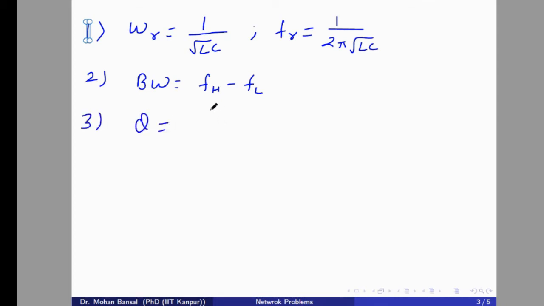Q is defined as the ratio of the resonance frequency to the bandwidth, and this is equal to omega RC. This is one relation.